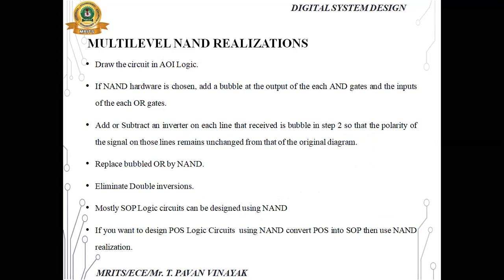Next, multi-level realization using NAND gates. So I am given one Boolean circuit. I want to design it using NAND. What are the steps available?